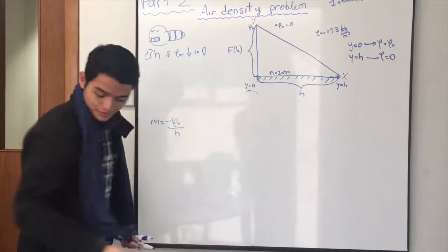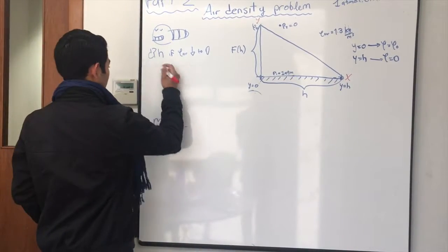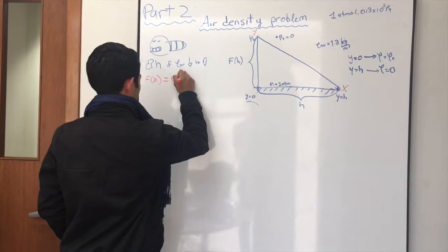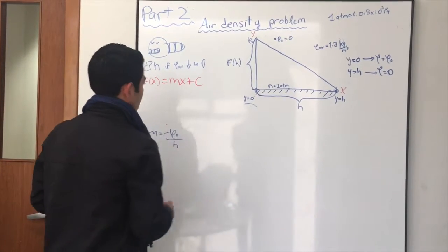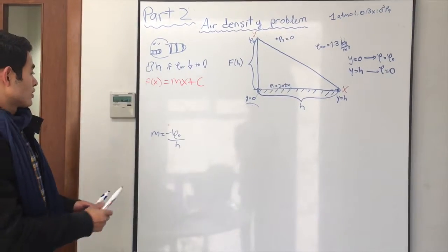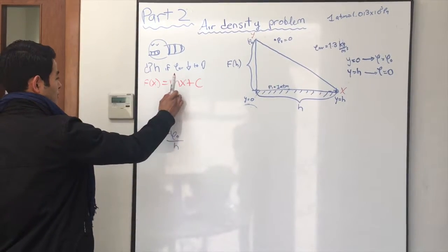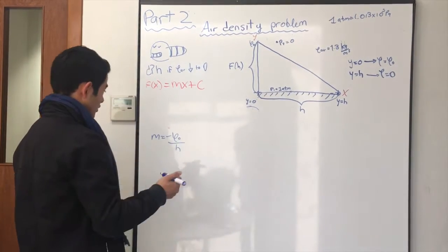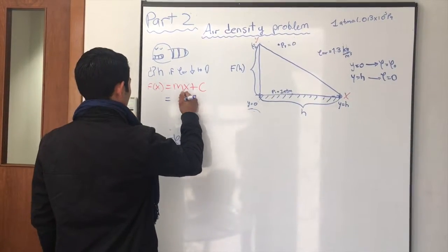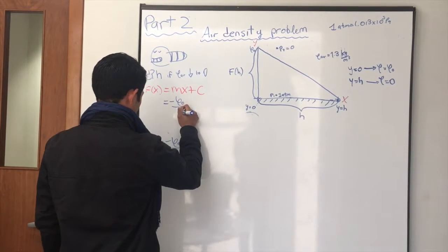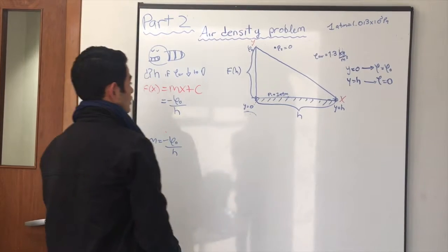Oh, sorry. I erased the equation. And now, well, we have found our slope. So let's just substitute, and it's minus initial density over h.